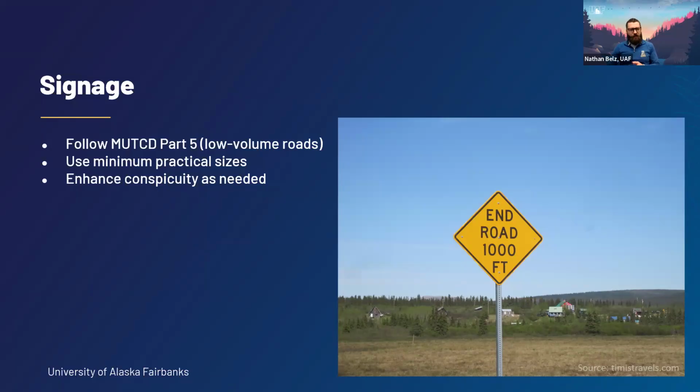Typical types of signage that we would be thinking about would obviously be stop and yield signs. Speed limit signs to some extent, but often in villages, speeds aren't posted. Enforcement can be hard. I think as Billy noted, a lot of the speed enforcement is done more so through informal mechanisms, other folks in the village.